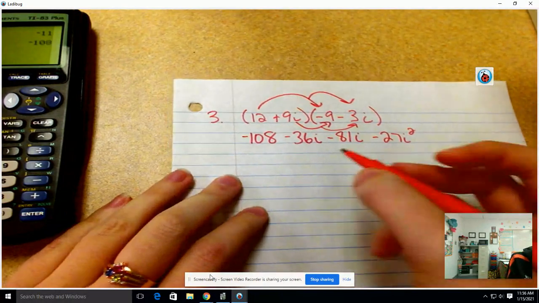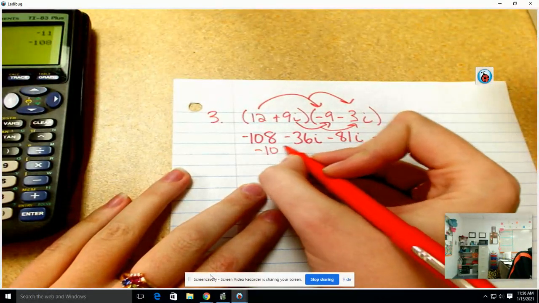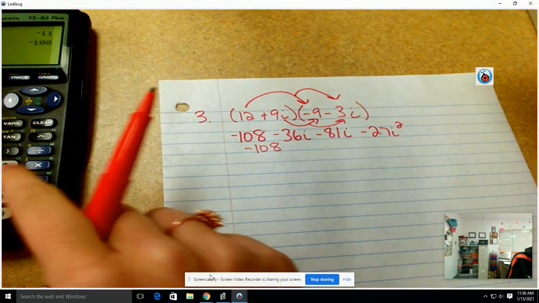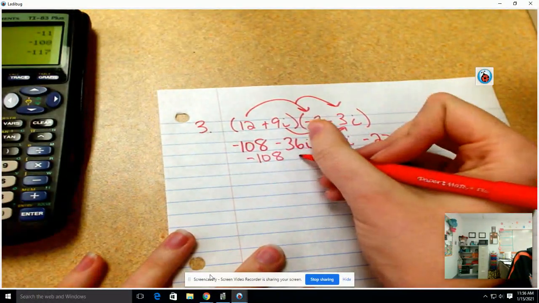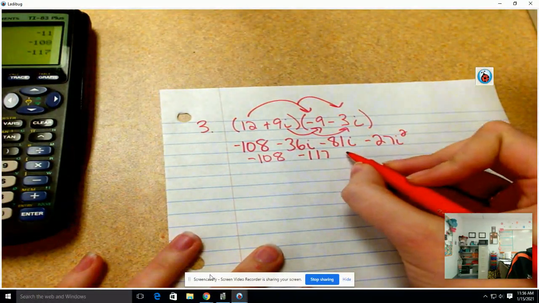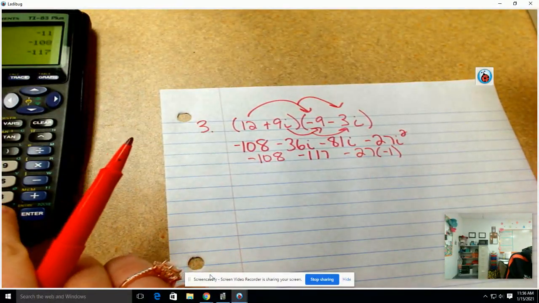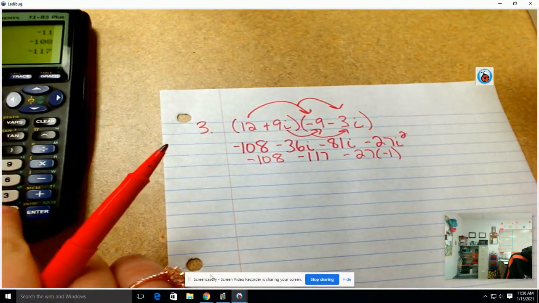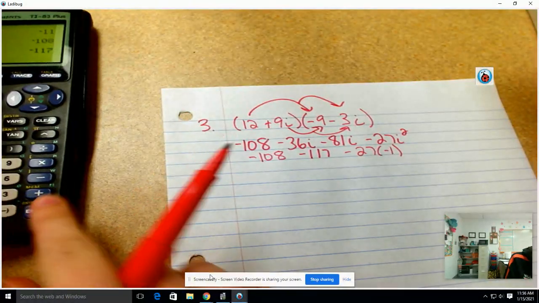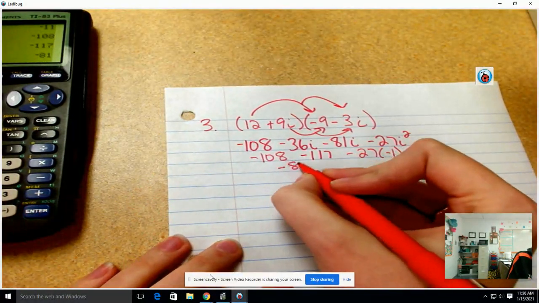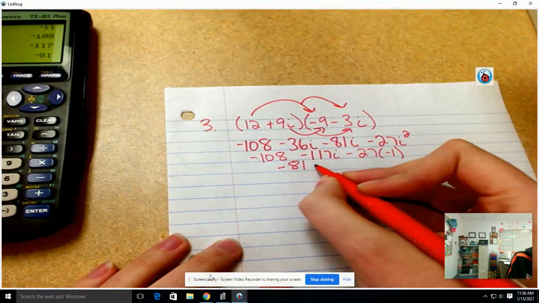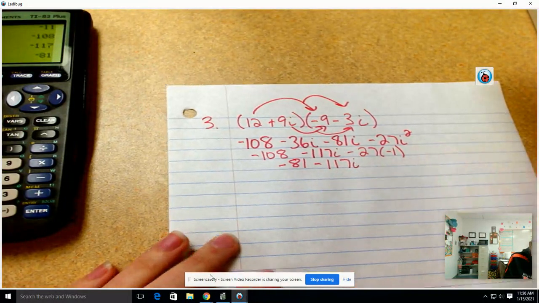Combine like terms and simplify our i. Negative 36 minus 81, negative 117i, minus 27 times negative 1. And that is going to give us negative 108 plus 27 is negative 81, oh, I forgot my i right here, negative 81 minus 117i.